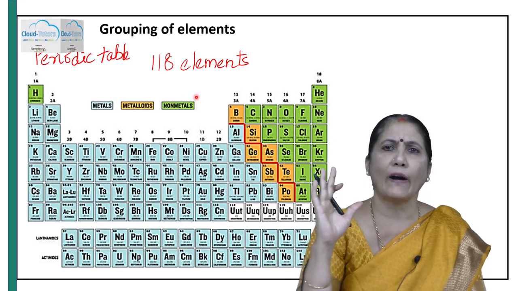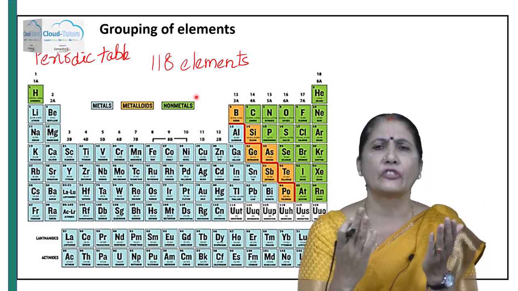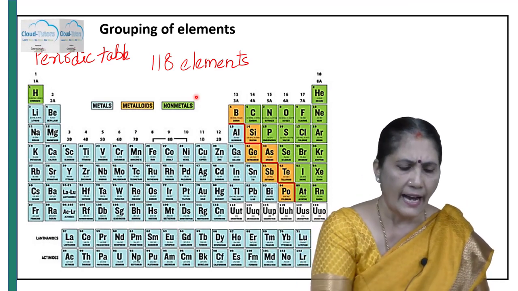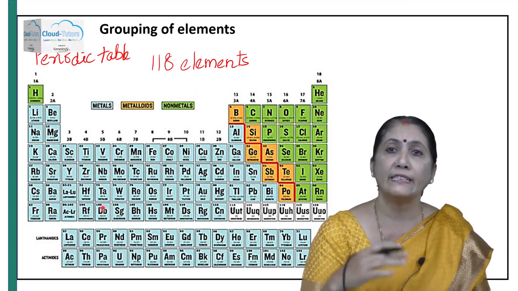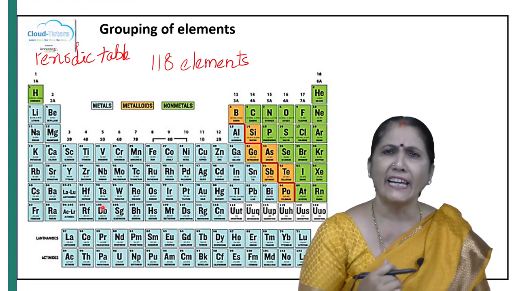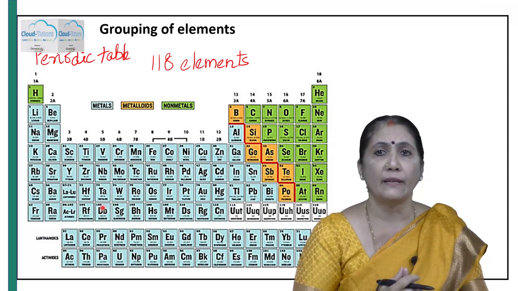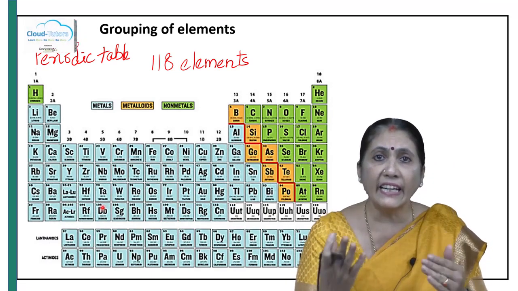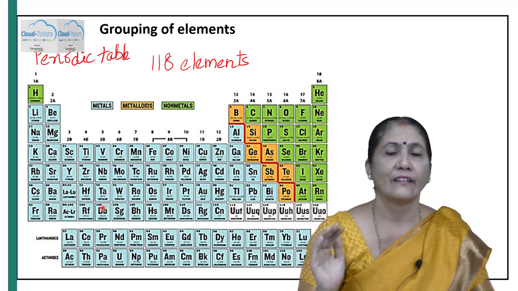So the basic qualification for understanding chemistry is understanding the periodicity of all the elements in the periodic table. Generally, this periodicity in properties of elements can be studied under two categories.